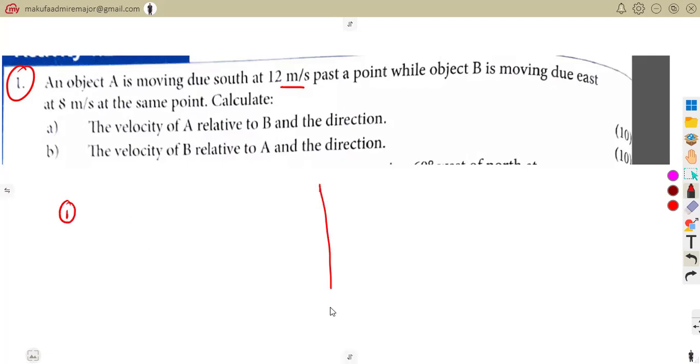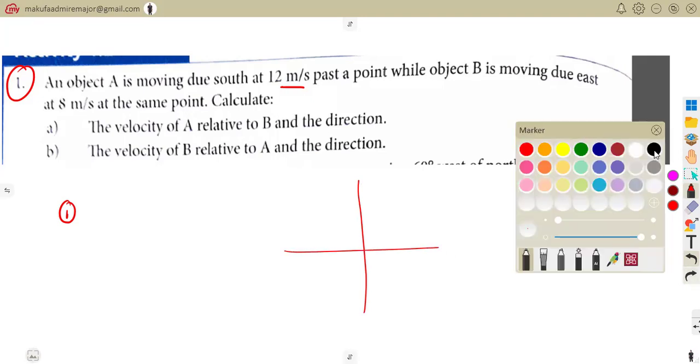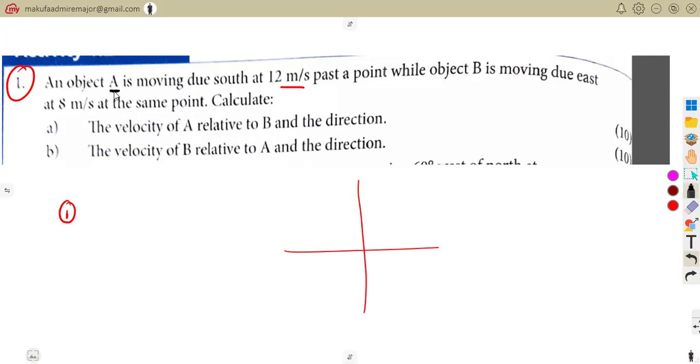So if we were to have a sketch, we're going to have something like this. North Pole. Then we have A. Where is A going? Directed to the south, something like this. So this is our A directed to the south at 12 meters per second.